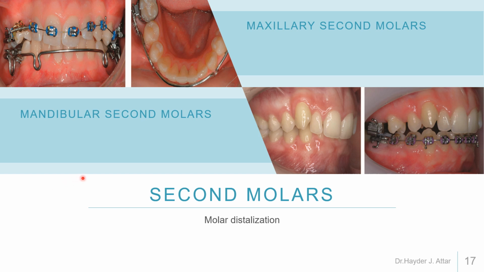In addition, when there is crowding only in the buccal segment, in this case you need extraction of the second molar to relieve the crowding in the buccal segment.